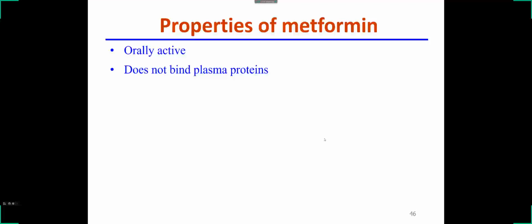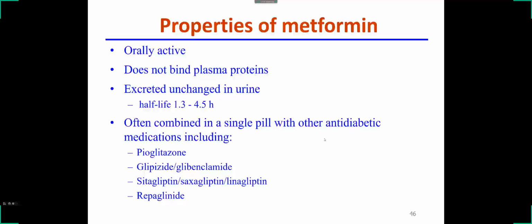It doesn't bind plasma proteins, which is a nice touch at some level. It is excreted unchanged in the urine with a half-life of 1 to 4.5 hours. So you can easily monitor how much a patient is taking up because it's coming out unchanged, and it also means it's not being metabolized.